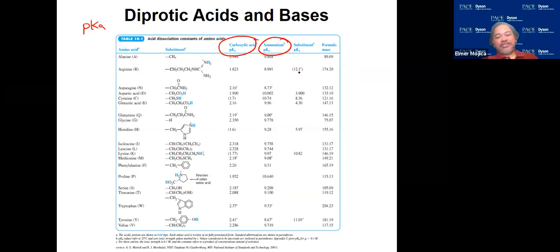If ever there's a third one, that third one came from the R, containing either an acidic group or an amine group. So you seldom see amino acids having more than two pKa. If ever there's a third pKa, it came from the R group, the substituent group.